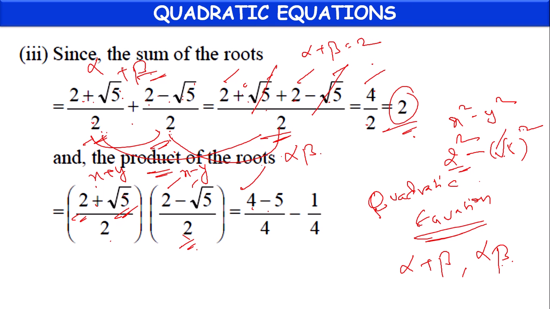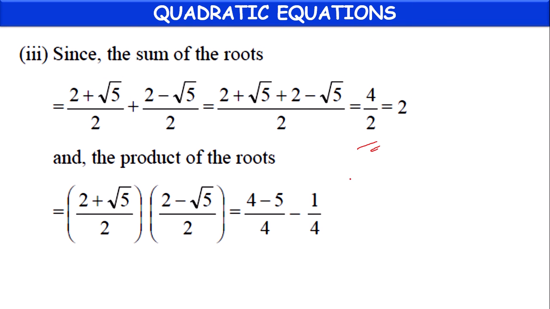Root 5 whole square means the square and root get cancelled, 5. So 4 minus 5 by 2 into 2 equals 4. 4 minus 5 equal to minus 1. So alpha beta value equals minus 1 by 4. So now we have got alpha beta and alpha plus beta, both the values.